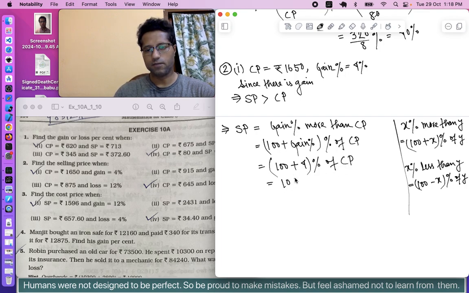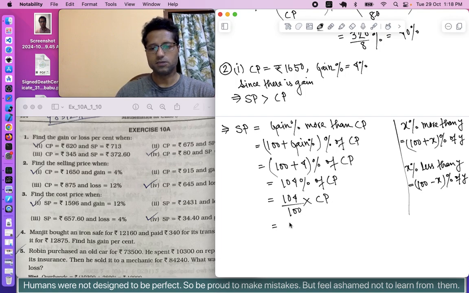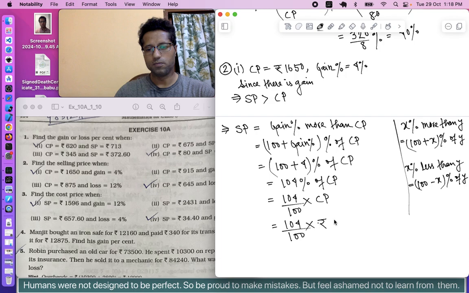This is 104% of CP. 104% means 104 divided by 100 multiplied by CP. This is equal to 104 divided by 100, and CP is given to be rupees 1650.